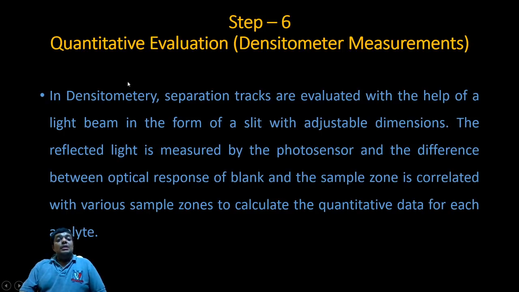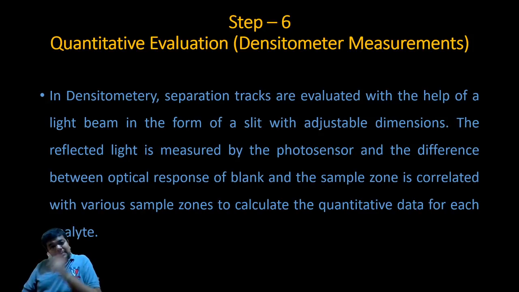Quantitative evaluation. Densitometry: separation tracks are evaluated with the help of a light beam in the form of a slit with adjustable dimensions. All the small components that are separated will be hit by light beams. The reflected light is measured by the photosensors, and the difference between the optical response of the blank, that is the light thrown on the white, and the light thrown on the sample, is correlated with various samples to calculate the quantitative data for each analyte.